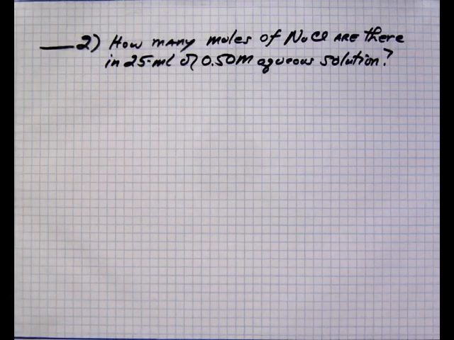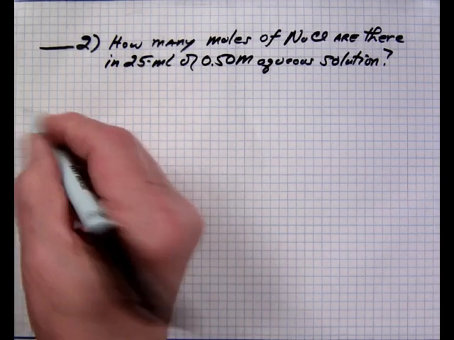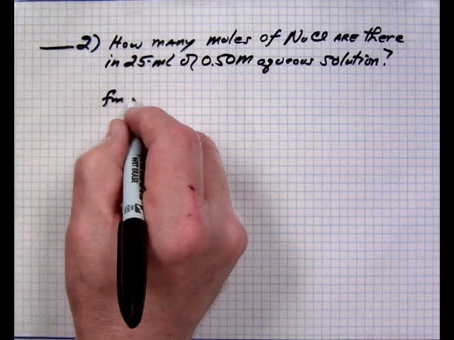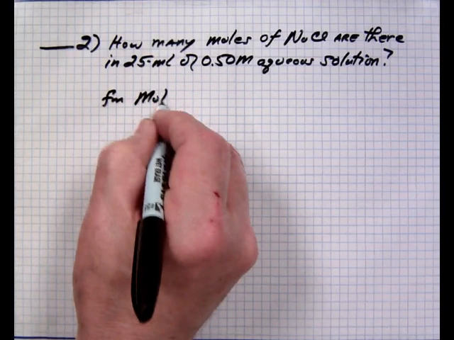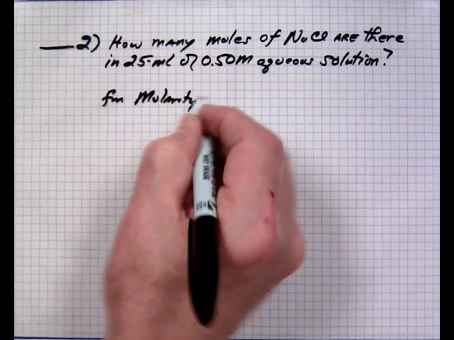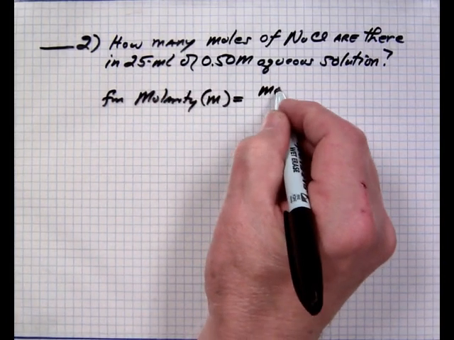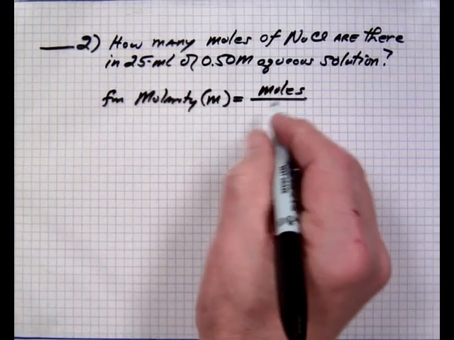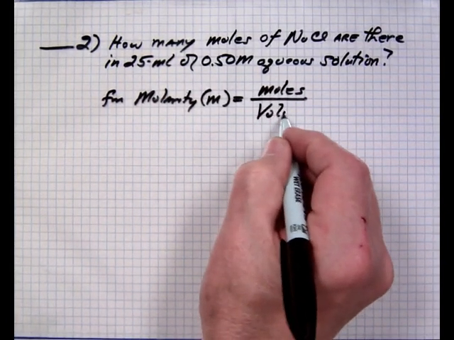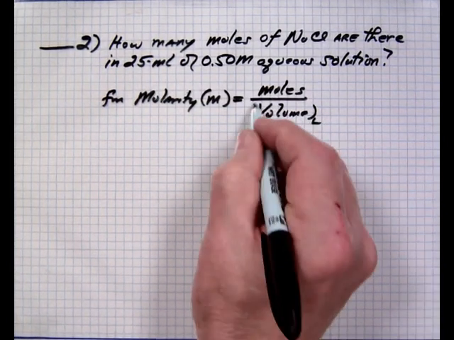Question 2, how many moles of sodium chloride are there in 25 milliliters of 0.50 molar aqueous solution of the sodium chloride? Well, from the definition, molarity is defined as moles divided by volume expressed in liters.